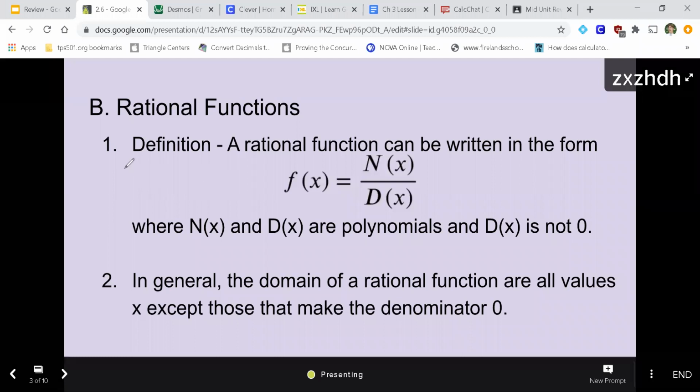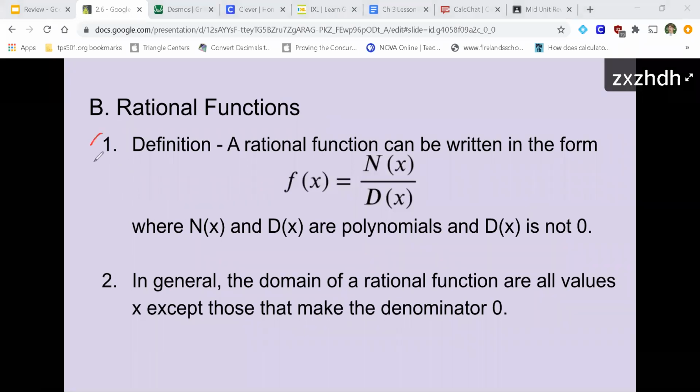All right, first one. To be honest, this first one is optional. There's not going to be any test or quiz questions over this. It's just, do you know how to find out what a rational function is? A rational function can be written as a fraction of 2 polynomials, and the denominator cannot be 0.